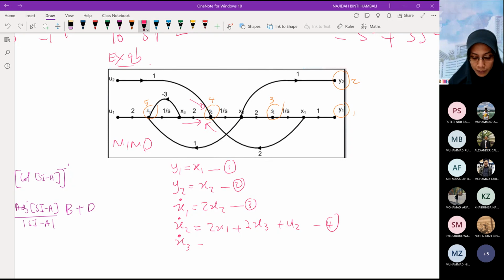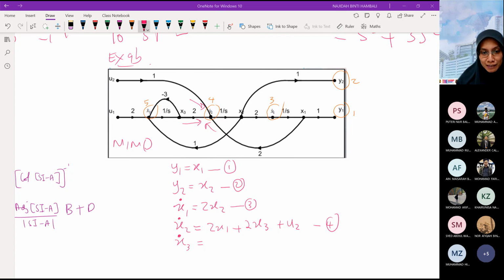So, sama dengan apa dia? Sekejap, saya tengah nak fahamkan equation.